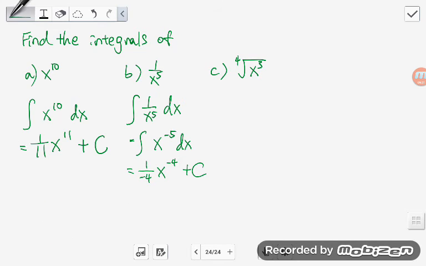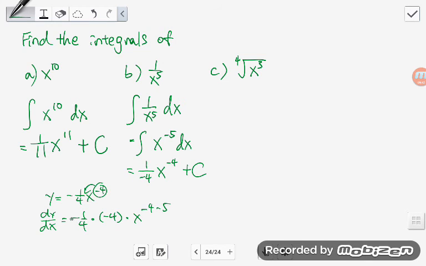So my y is equal to negative 1 over 4 x to the power of negative 4. dy/dx will have negative 1 over 4 multiplied by the negative 4 that goes to the front. That will be negative 4, and my power of x is negative 4 minus 1.